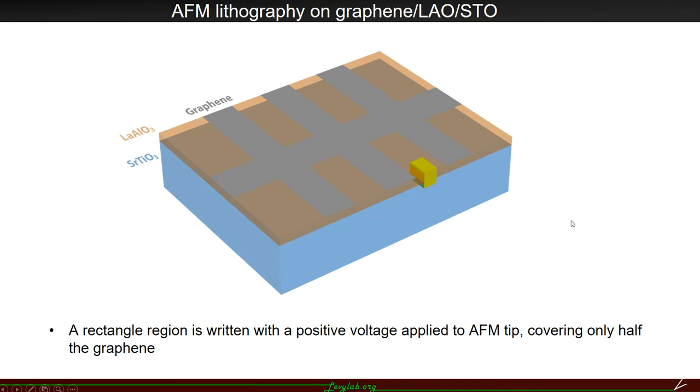With this powerful tool, we are able to do AFM lithography on the graphene LaAlO3/SrTiO3 system. Here we wrote a rectangular region with positive voltage applied to the AFM tip, and it's covering only half of the graphene.